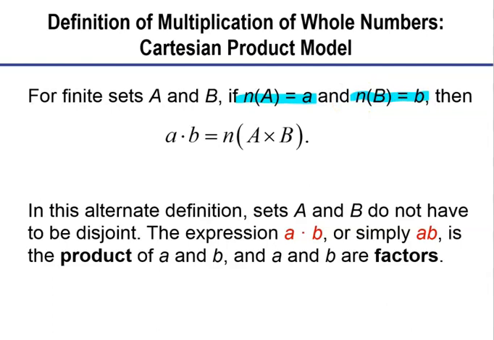And the fundamental counting principle tells us if you can do something a ways and you can do something else b ways, then you multiply those together to get a times b, which is also the cardinality of A cross B. So in this alternate definition, sets A and B do not have to be disjoint. The expression a times b, or simply ab, is the product of a and b, and a and b are what we call factors, because those values multiplied to give us our result, which is the product.